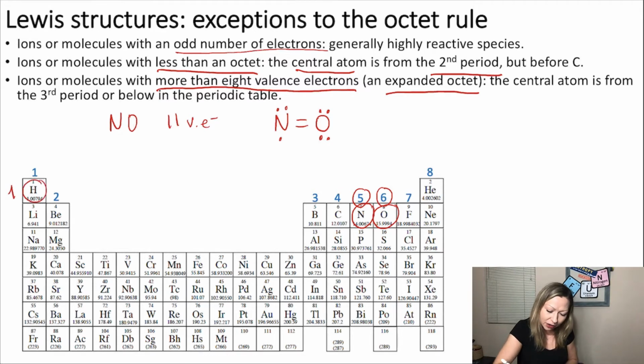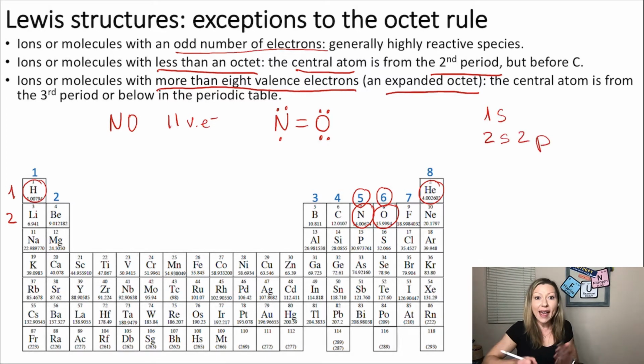We know that hydrogen and helium can have a maximum of 2 electrons because we are filling up the first s orbitals. In the second period, we are filling up the 2s and 2p orbitals, and the atoms before carbon, especially beryllium and boron, for which you are going to see these exceptions, are like, hey, I am small enough, I might not need the 8 electrons. So they can have less than an octet sometimes.